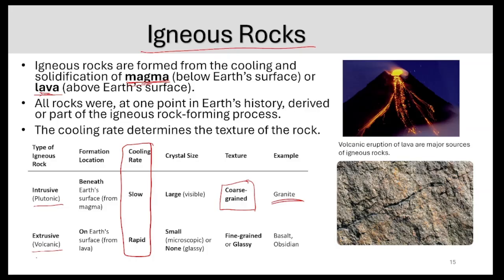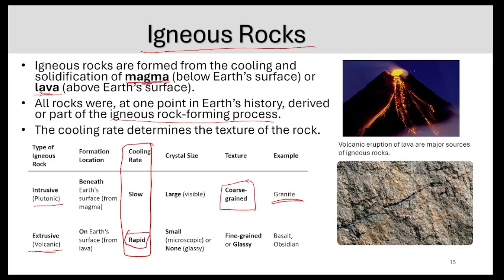An example of this kind of rock is granite. And we also have extrusive or volcanic igneous rock. These rocks form when the molten rock, magma or lava, is cooled rapidly on the surface.